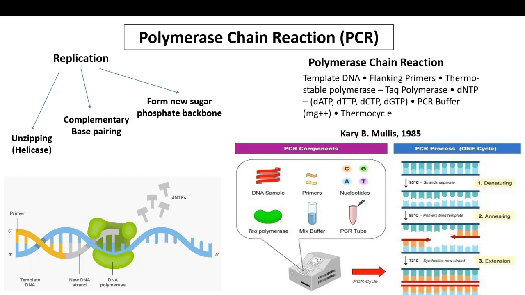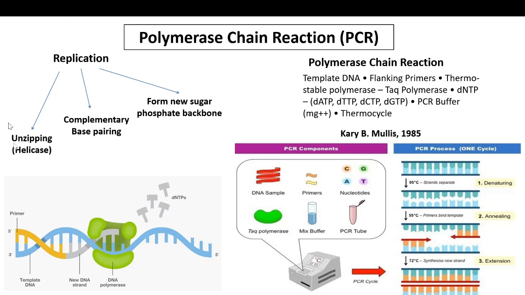Then there will be complementary base pairing, that is new dNTPs will come and form a complementary strand for each of the parental strands, and a new sugar phosphate backbone will also be formed, as a result of which the new daughter DNAs will be formed in this process of replication.